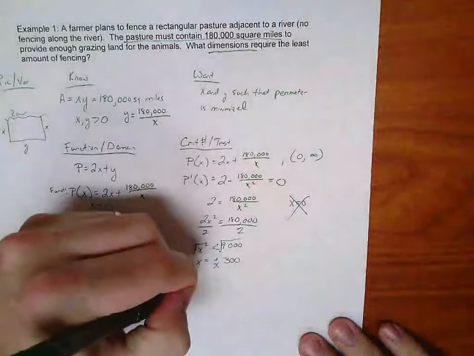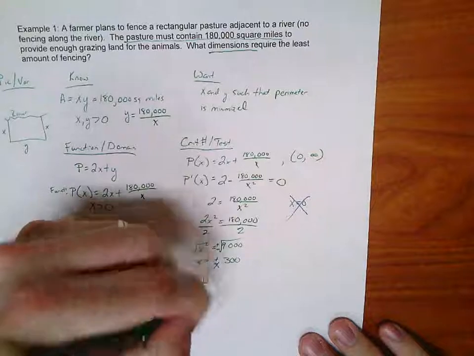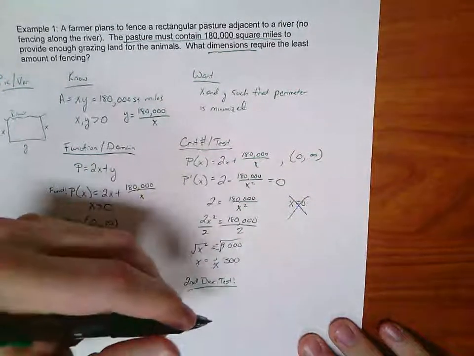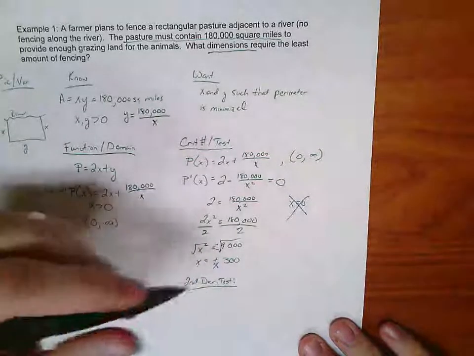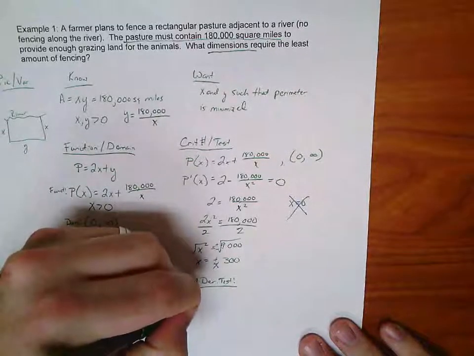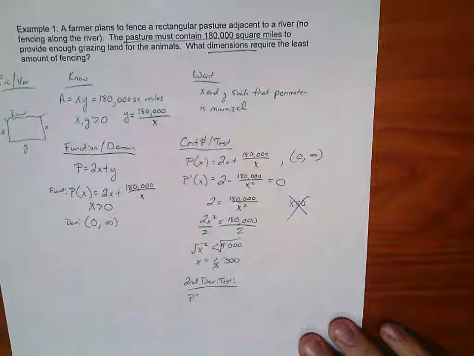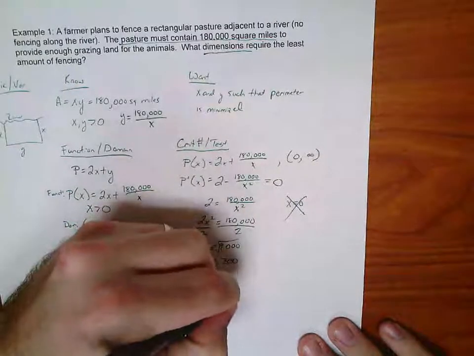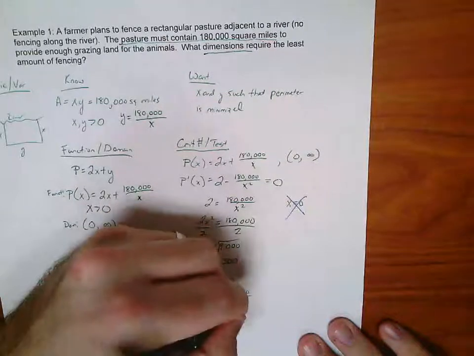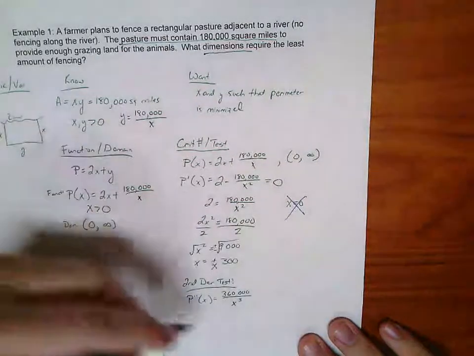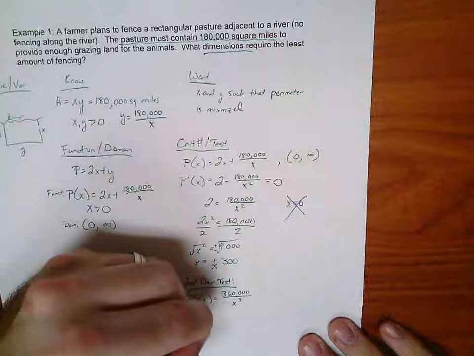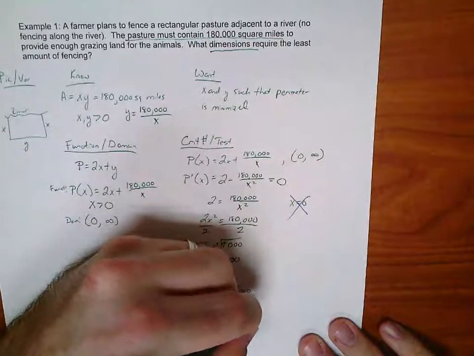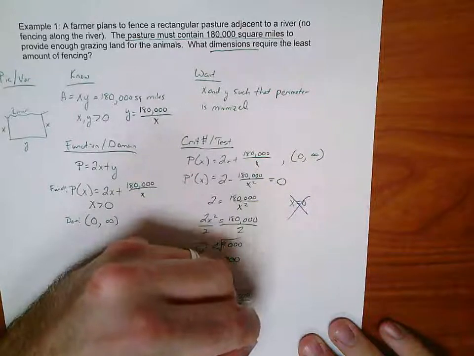So now do our test. Let's do the second derivative test first. I always recommend trying the second derivative test before the first derivative test, because if it works, it's going to be easier. So p double prime of x is equal to 360,000 over x cubed. p double prime of 300 is 360,000 divided by 300 cubed.